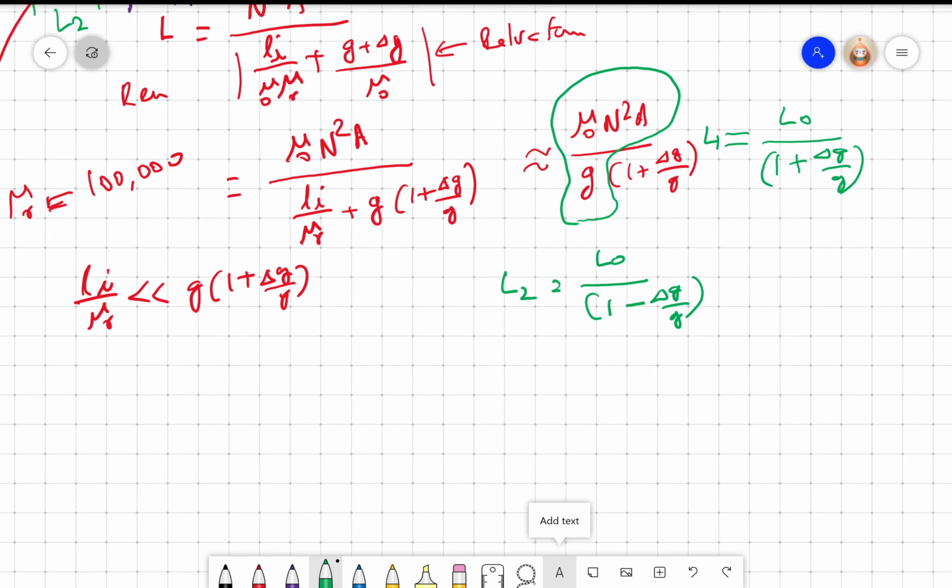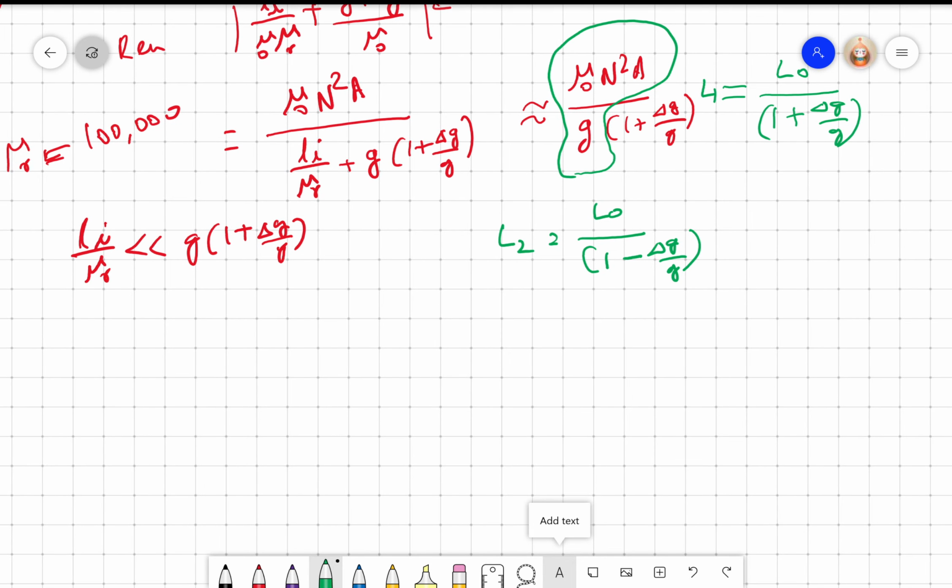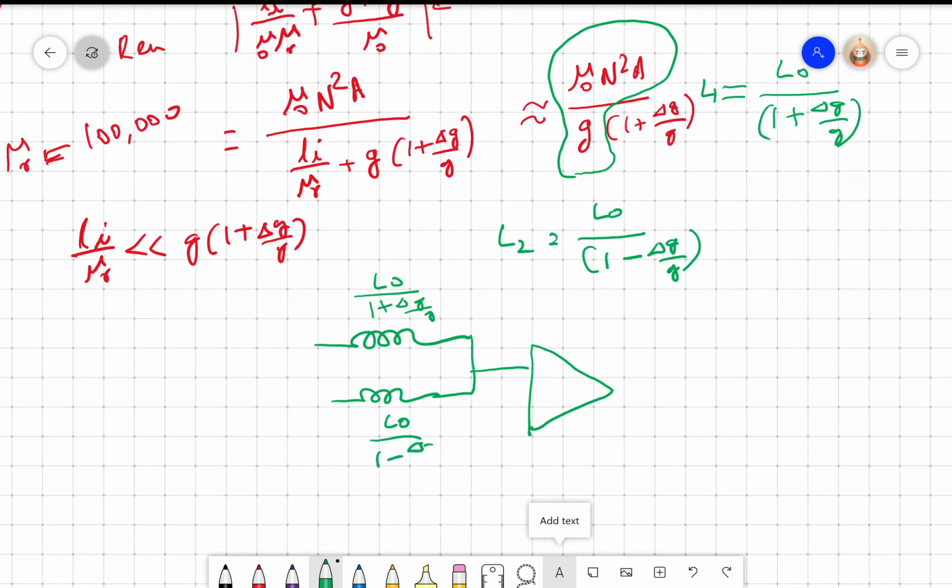So this is L naught by 1 plus delta G by G, and this is L naught divided by 1 minus delta G by G. These are push-pull, right?